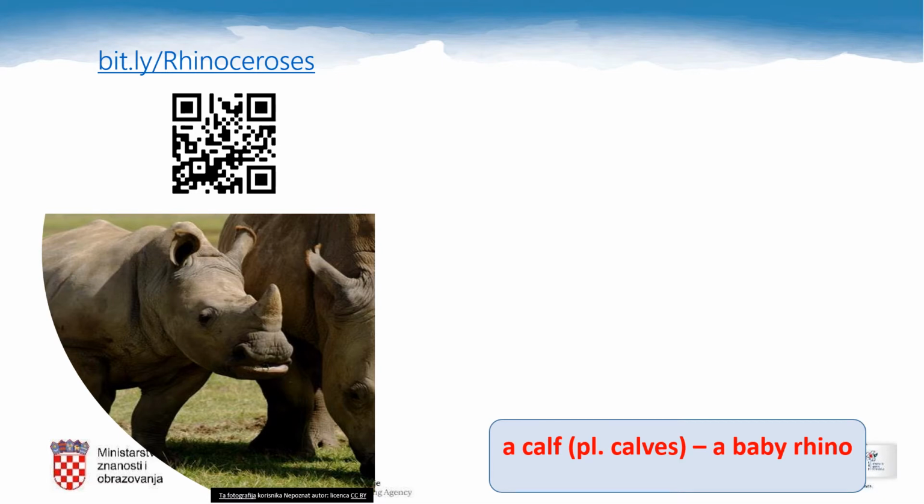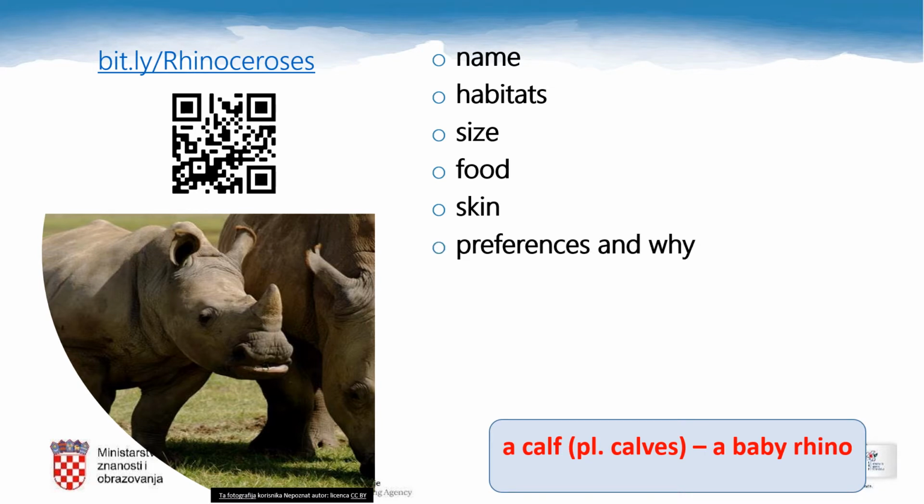Here is the correct order of the information in the video. First, you heard how they got their name, then where they live, how big they are, what they eat, how thick their skin is and why, what they like most and why, how good their senses are.